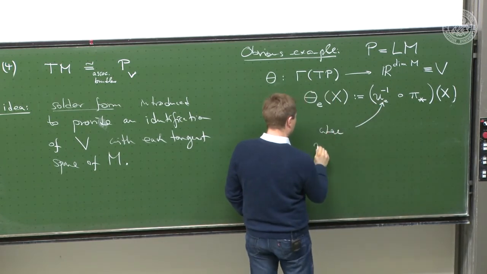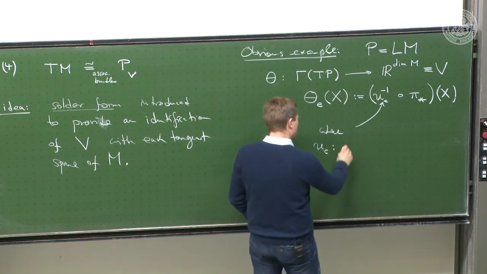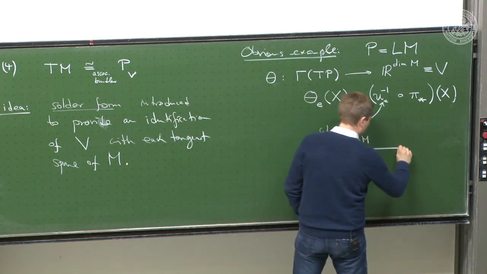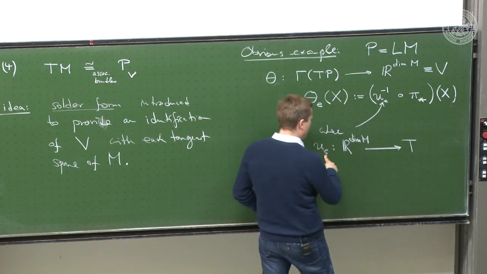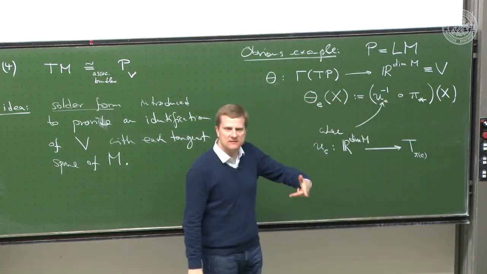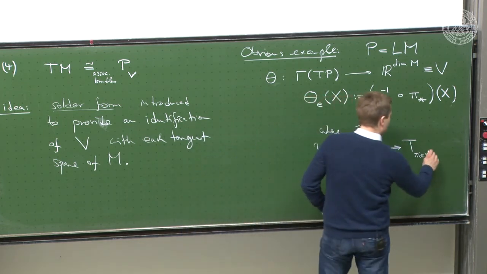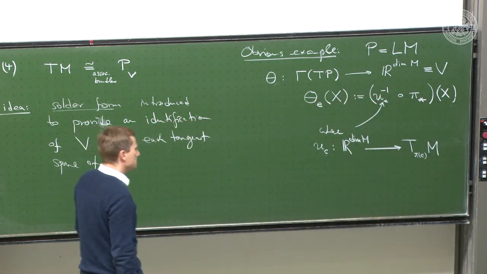Where the U_E takes you from R dim M to the tangent space at the base point of the frame, so where the frame is attached. E is a frame, and the frame is attached to the base manifold. How?